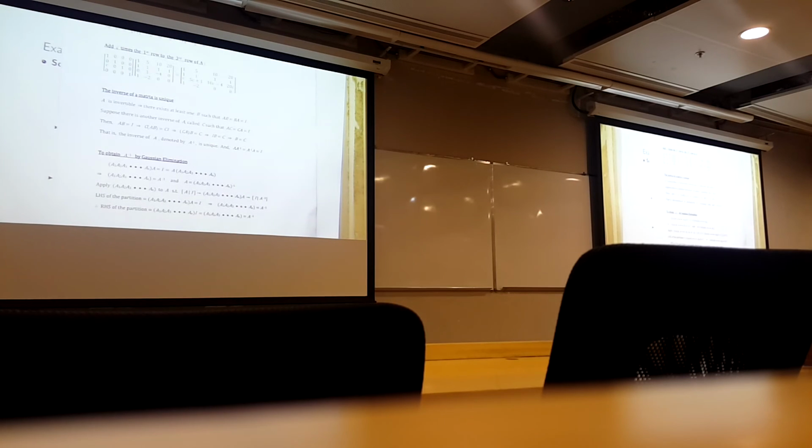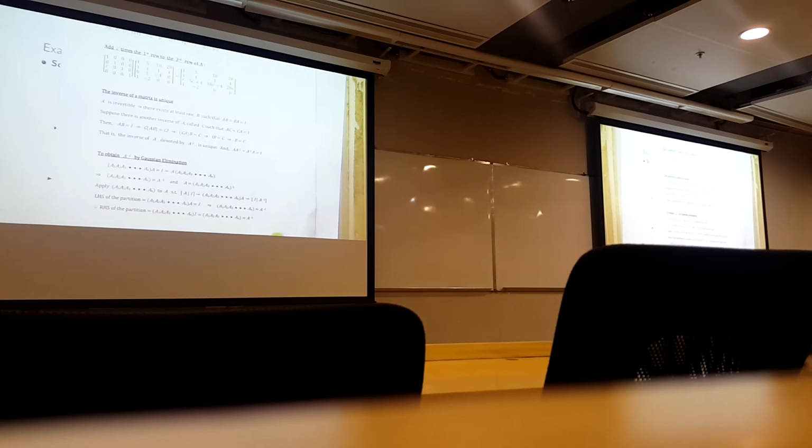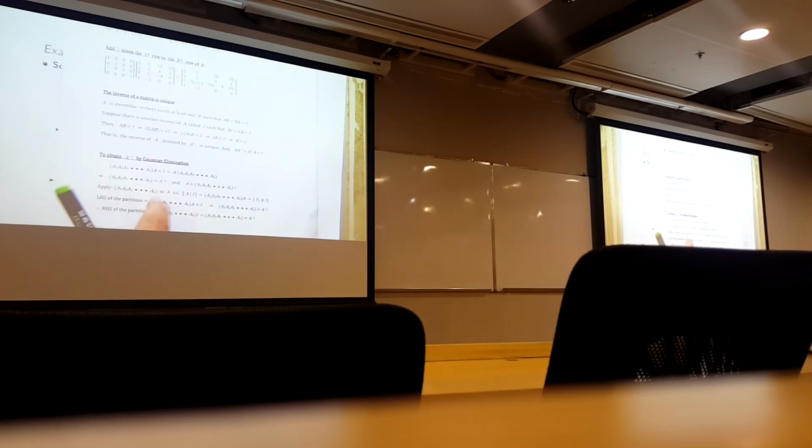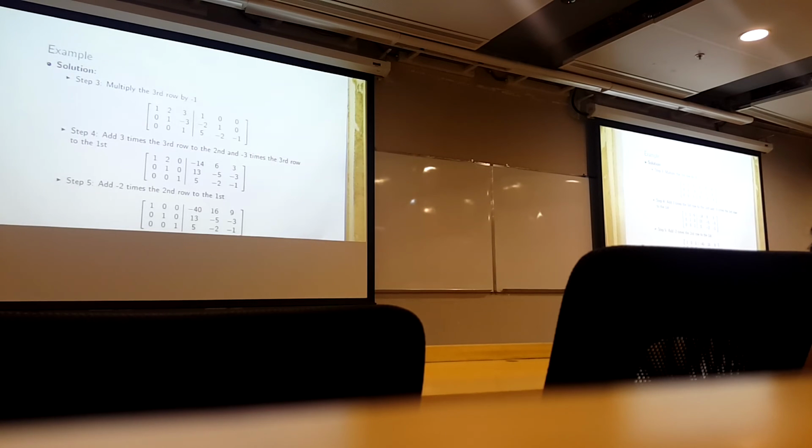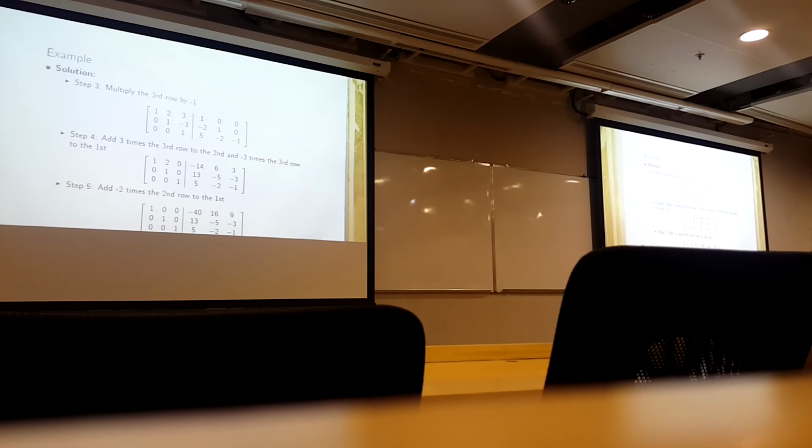You are not asked to prove this in the course, and you will not be asked to prove this in the examination. I just verify that it is true by proving it. It is by matrix algebra. We can prove it. Therefore, this is the way of getting the inverse of a matrix.